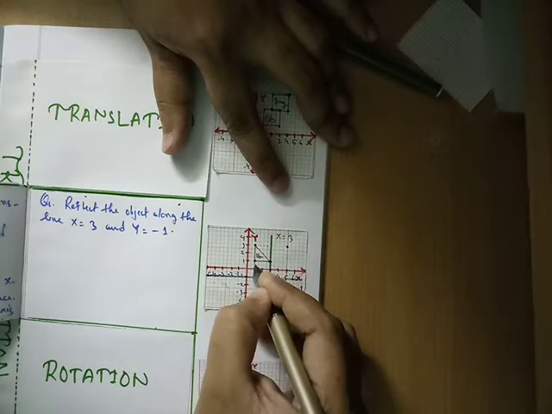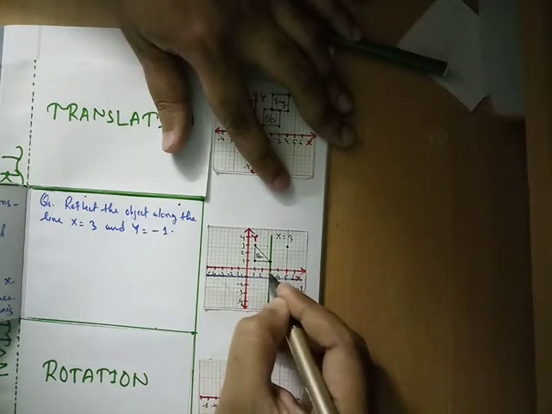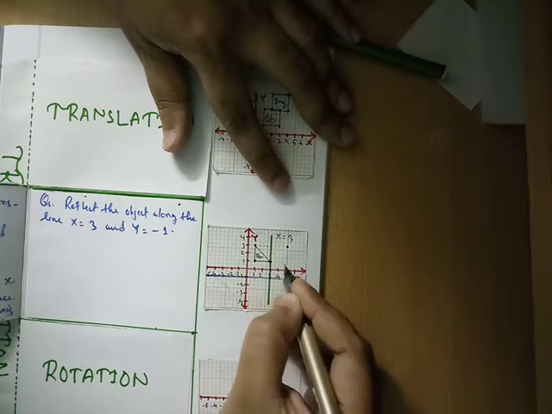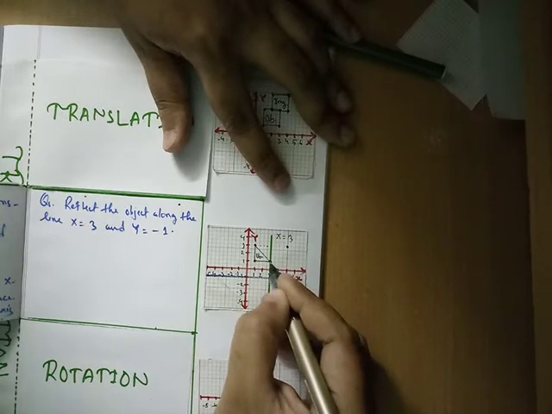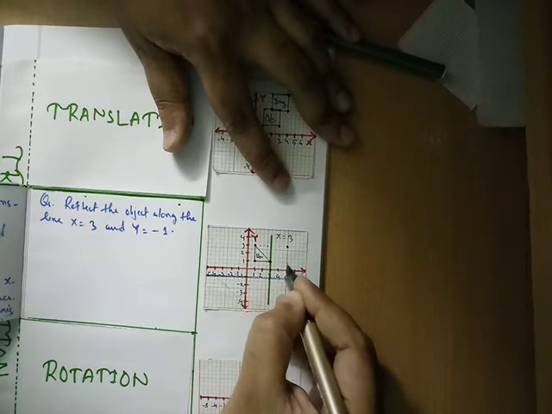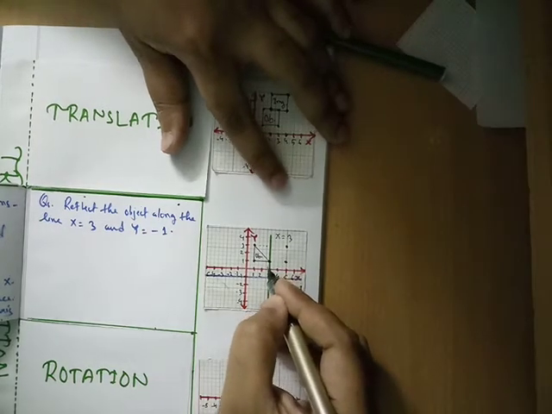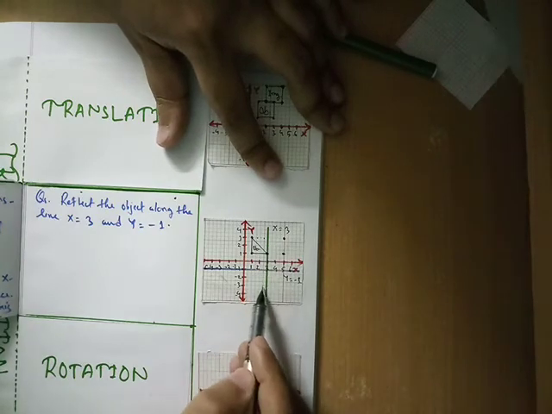Now next, this point here also has a distance of 1 and 2. So the image of this point will also be drawn exactly 2 places to the right from the middle line. So from the middle line, 1 and 2. And if you look very closely, this point here is actually on the mirror line.